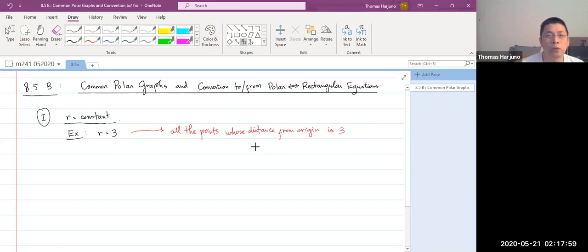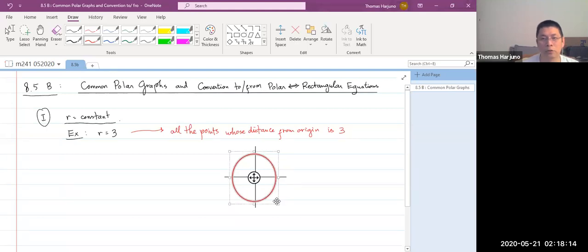So suppose I have a rectangular coordinate system. It refers to a situation where the distance from the origin to every point is 3 units.